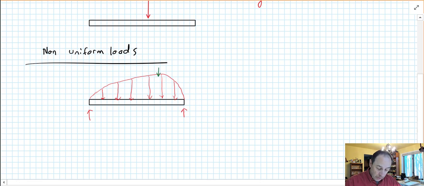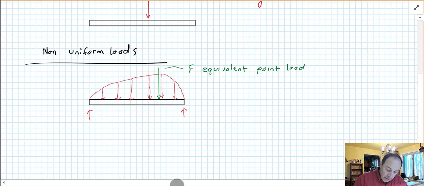the equivalent load, this is F, equivalent point load, is going to be towards the right past the midline. Its position, x bar.